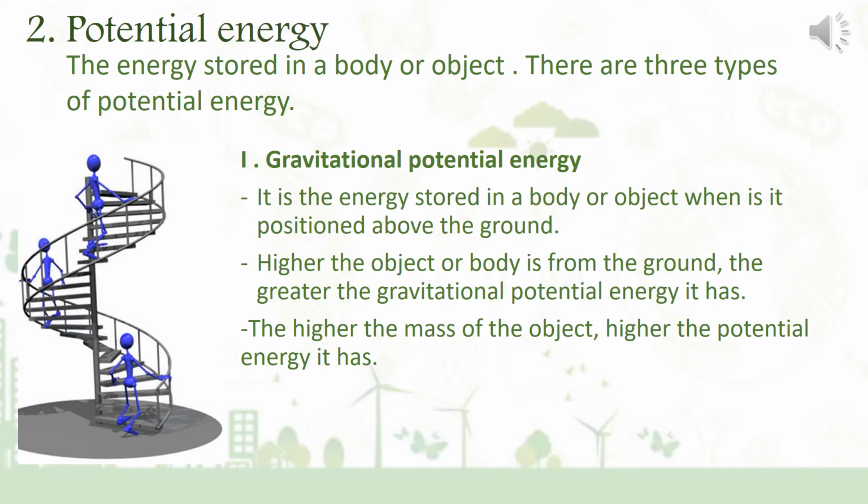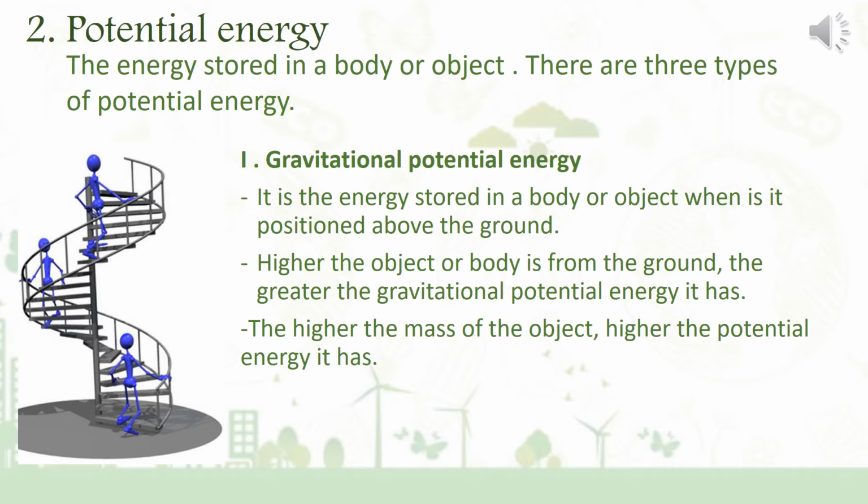The gravitational potential energy is the energy stored in a body or object when it is positioned above the ground. The higher the object or body is from the ground, the greater the gravitational potential energy it has.